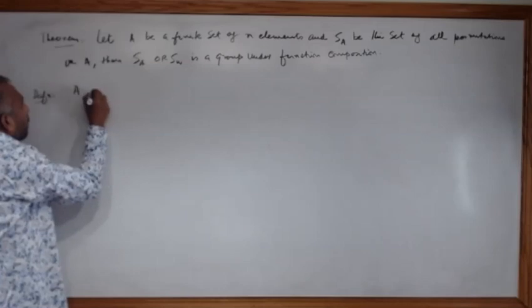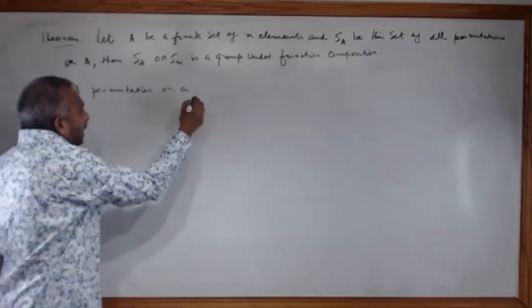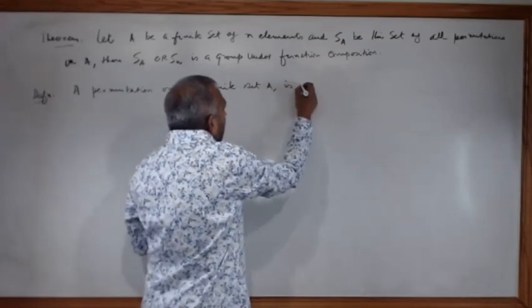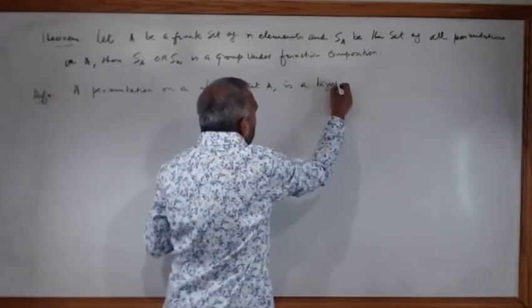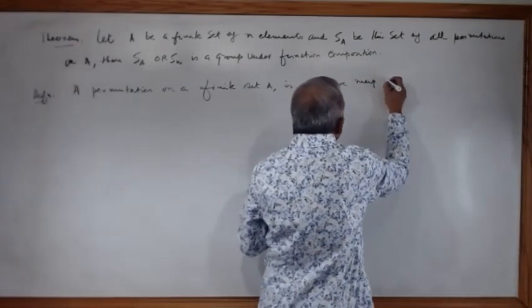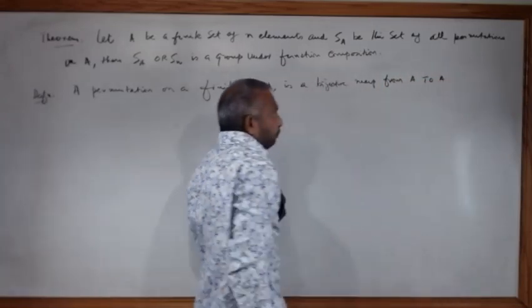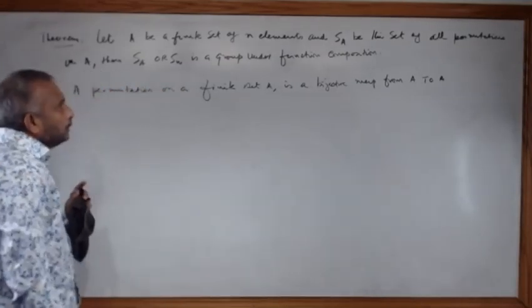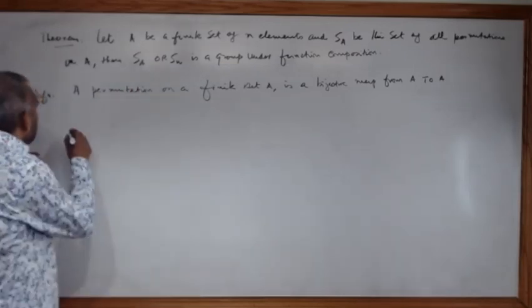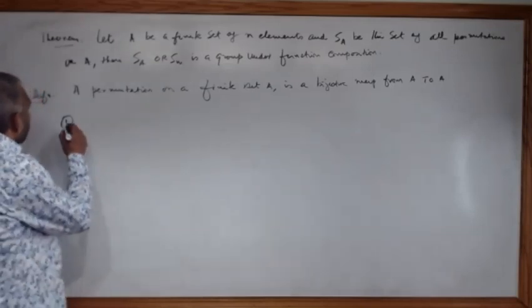Definition: a permutation on a finite set A is a bijective map from A to A. In order for us to prove that this is a group, there are four things we need to prove.